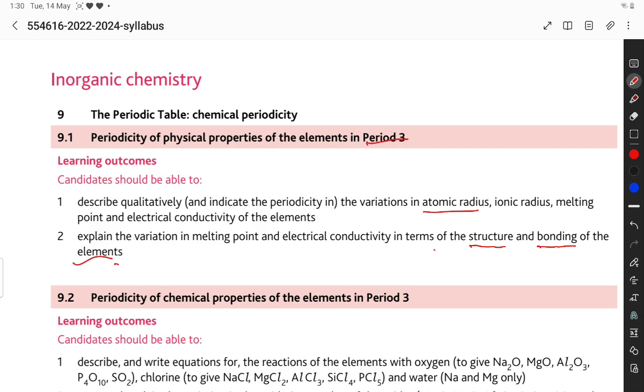In this video I will discuss the key points of quick revision of inorganic chemistry. Let's start. The periodic table, chemical periodicity.